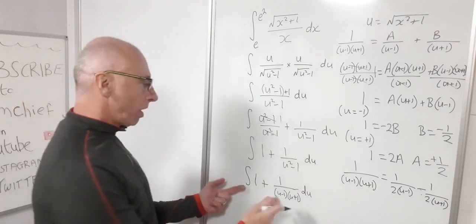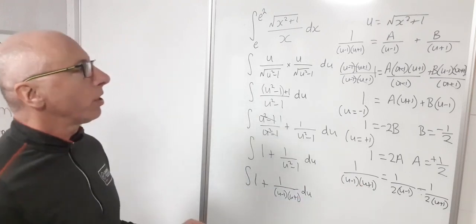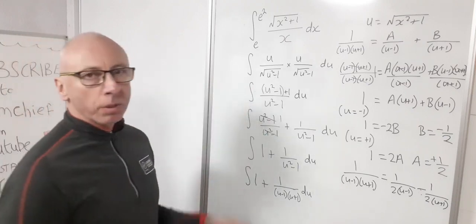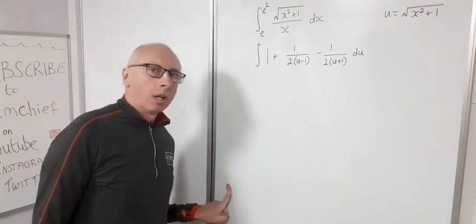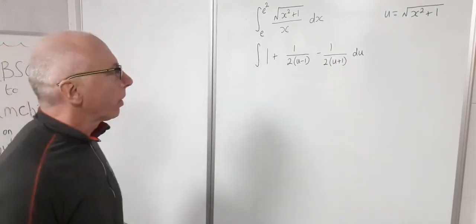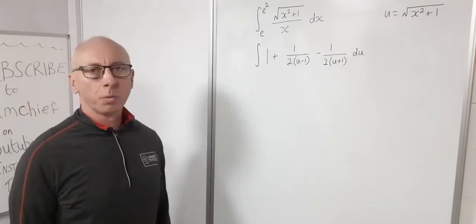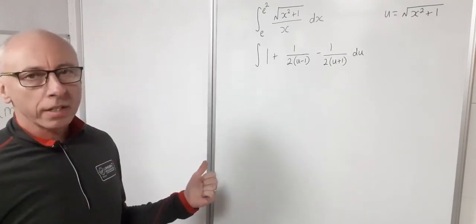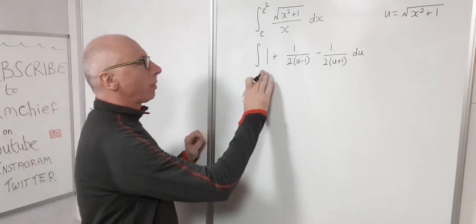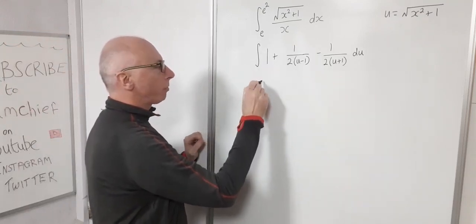Okay, so I can rewrite my integral in terms of this partial fraction decomposition. So let's do that and bring this up to the top. Now we've got our integral in a form that looks reasonably straightforward to integrate. So let's go straight into that step. Integrating all this with regards to u, 1 will just give me u.